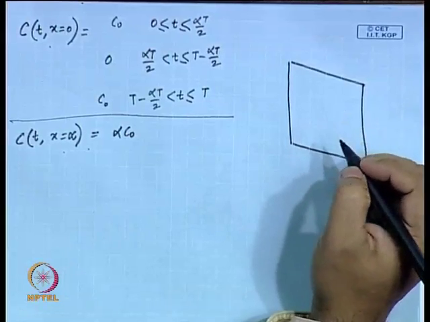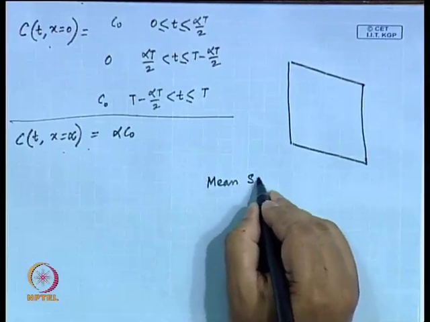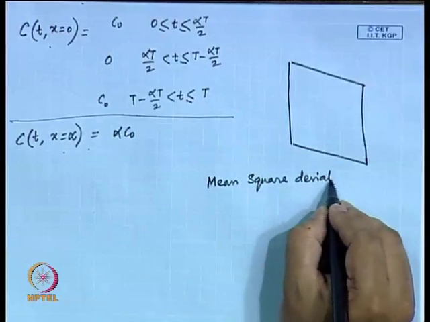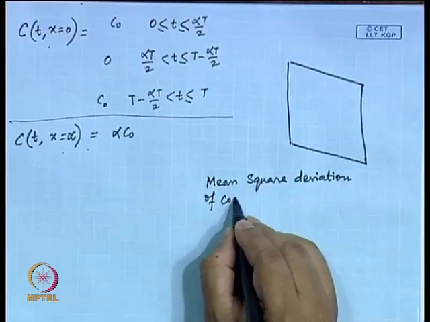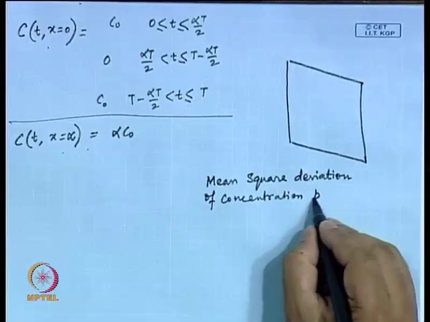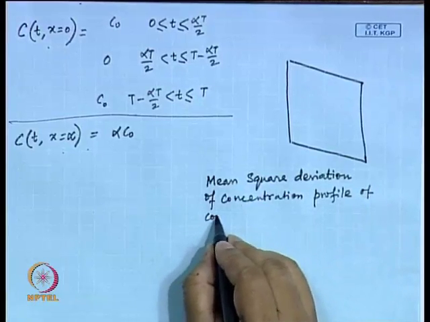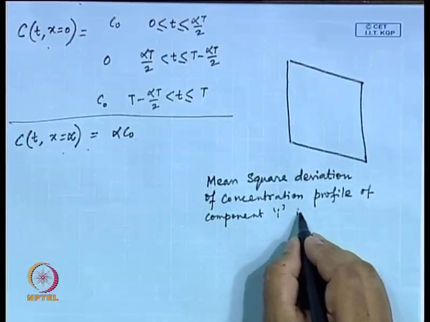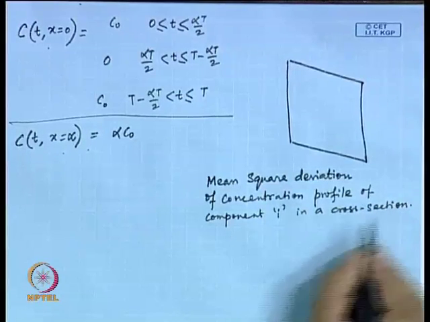So, you need to find out the mean square deviation of the concentration profile of component I, say, in a cross section. What would that be?